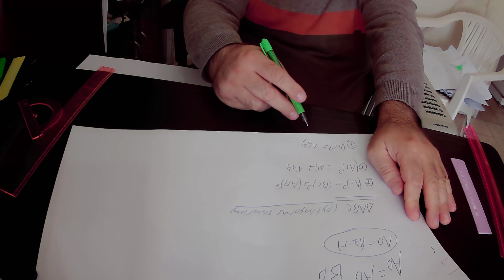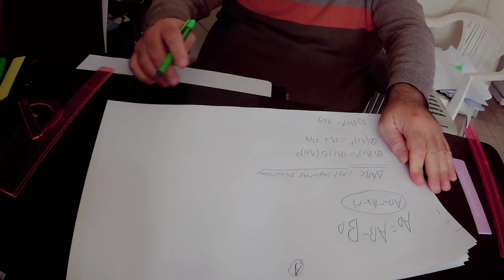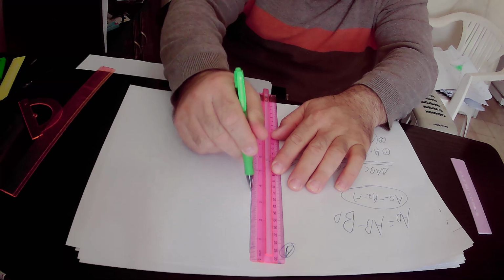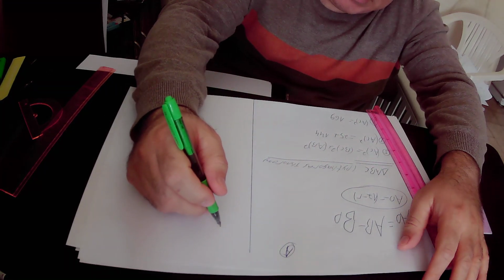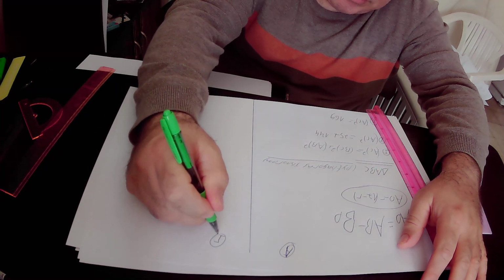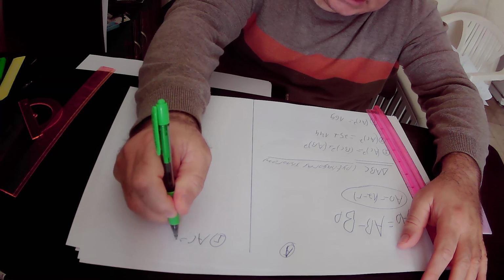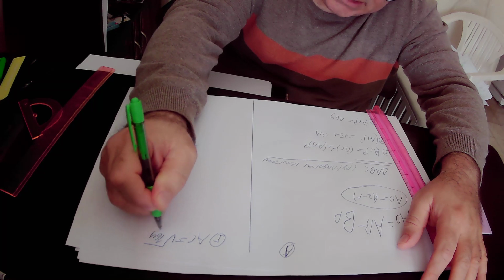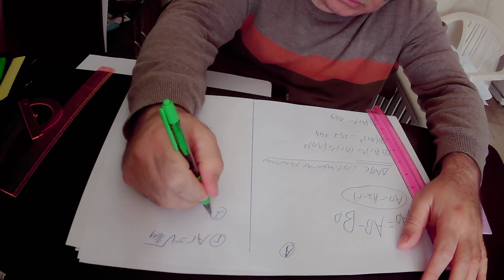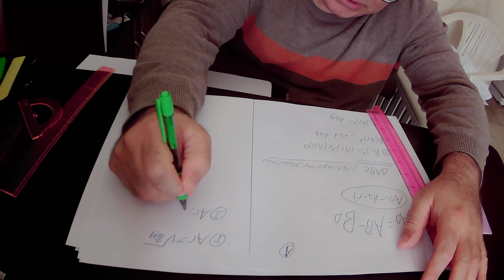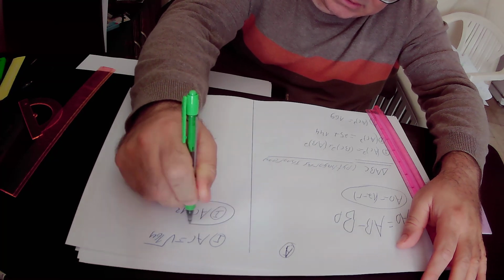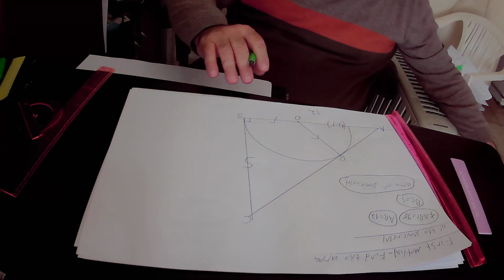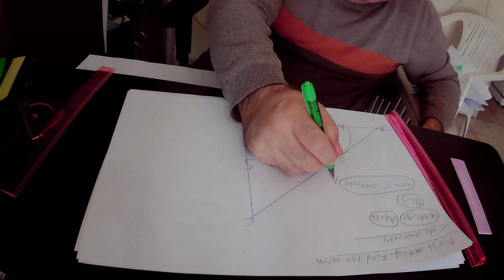Here we will take the root of this equation, equation number 1, and we will get that AC equals the square root of 169, and the square root of 169 is 13. So we found out that AC equals 13 units. I'll write it here in the drawing: AC equals 13 units.